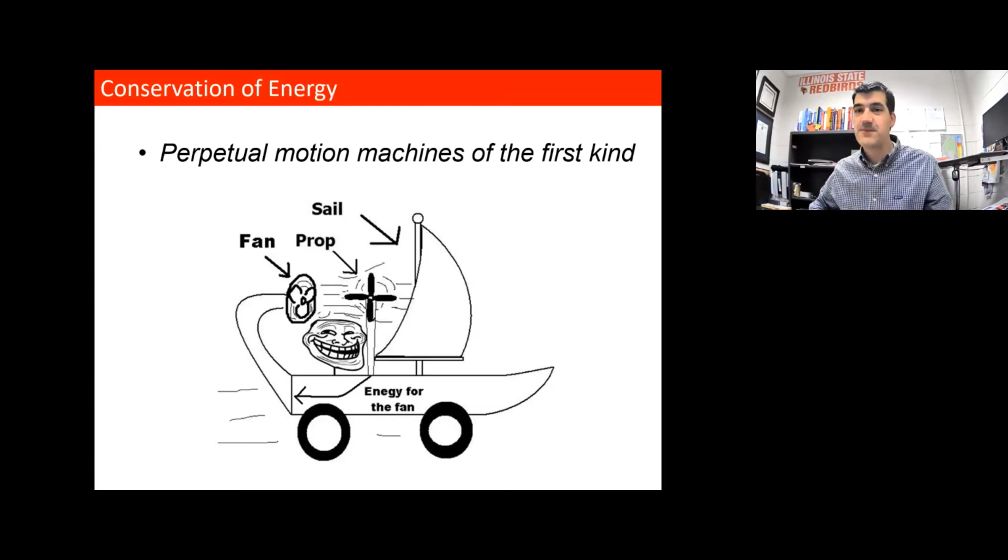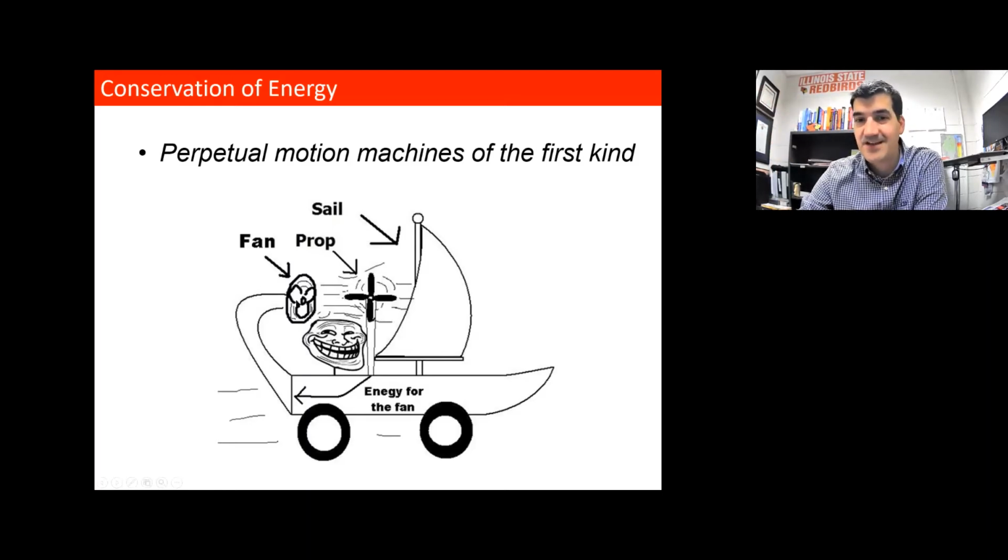So even if we could make the assumption that the fan and the wind turbine are 100% efficient, it still doesn't work, because there's no energy left over from what's taken out of the wind by the wind turbine. All of that has to be consumed by the wind turbine, transformed into electrical energy to go back to the fan so that it can produce more wind energy to power the turbine.